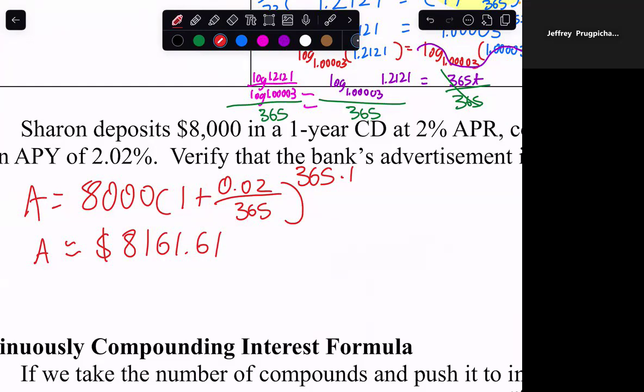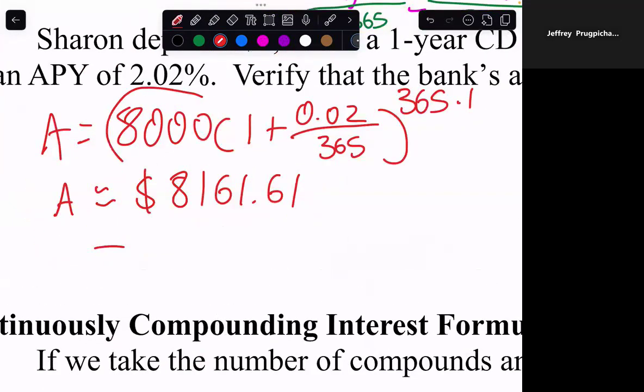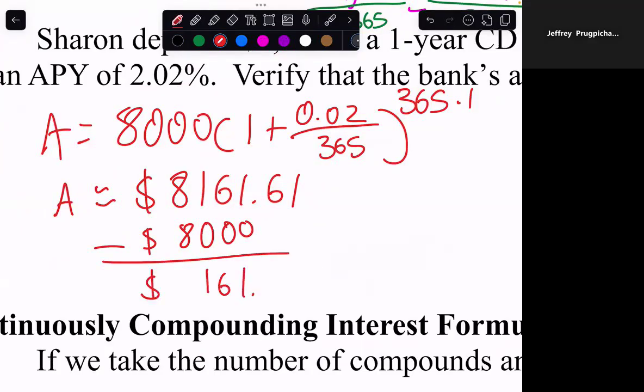Okay, so that's the balance in the account, but we also want to know how much interest was gained. She started with 8,000 already, so the amount of interest gained was $161.61.